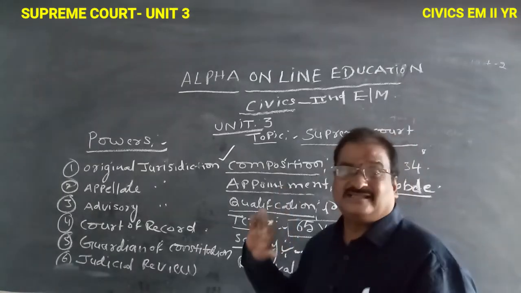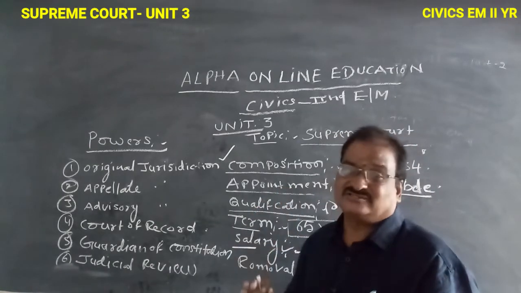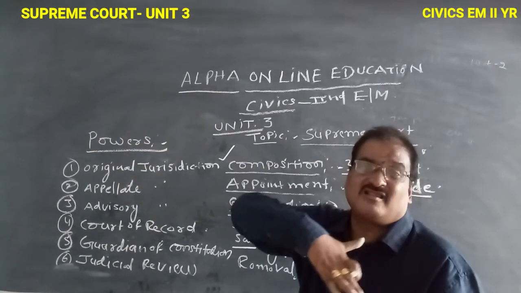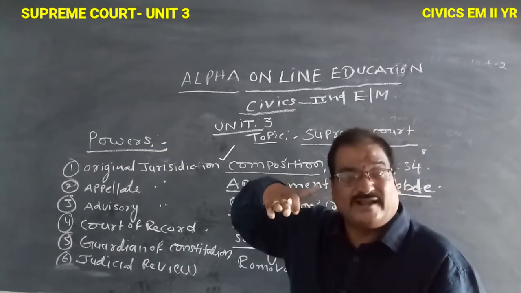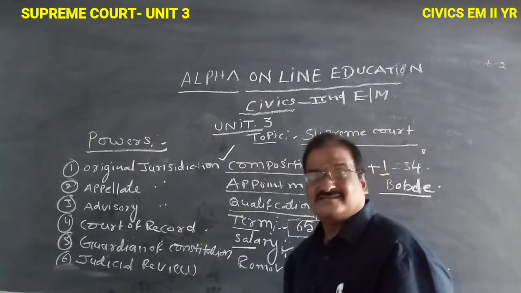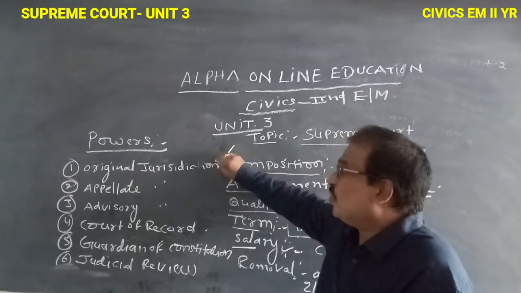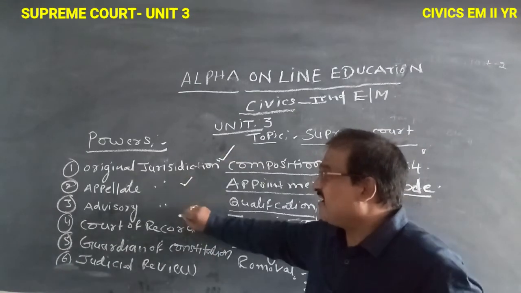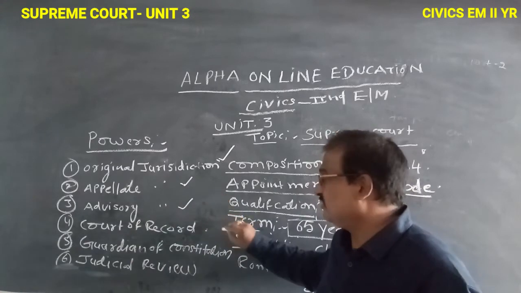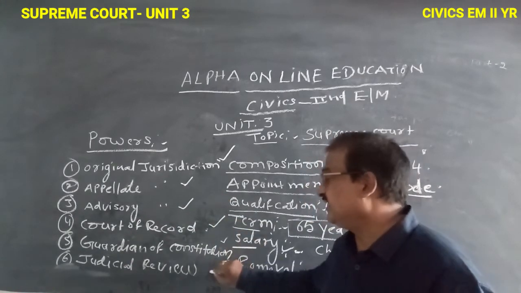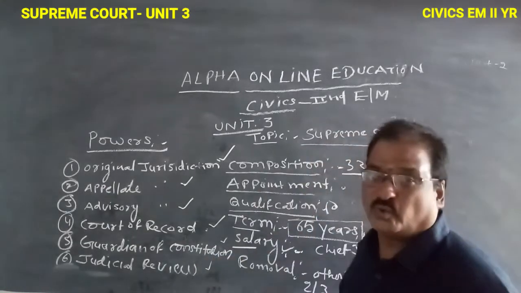So at state level there are high courts, and at central level only one court. All courts are subordinate courts of the Indian Supreme Court. Here: original jurisdiction, appellate jurisdiction, advisory jurisdiction, court of record, guardian of constitution, judicial review.